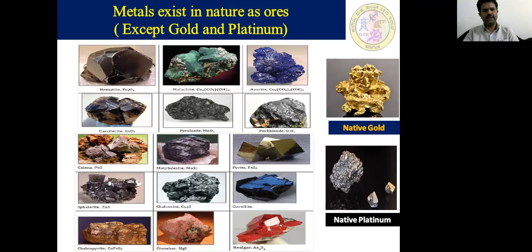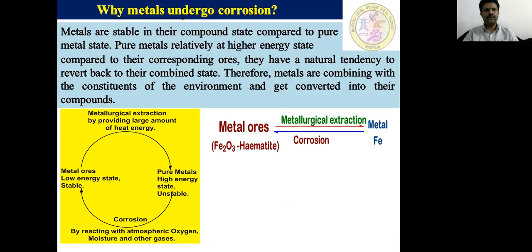That means that metals are comfortable or stable in their compound state. Metals are stable in their compound state compared to the pure metal state. So here the metals exist in nature in the form of ores with low energy and more stability.